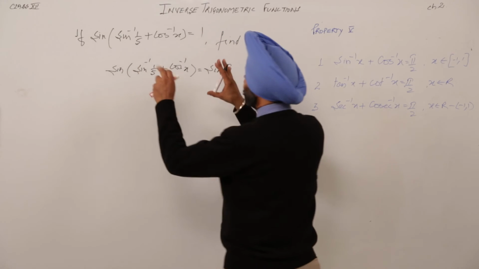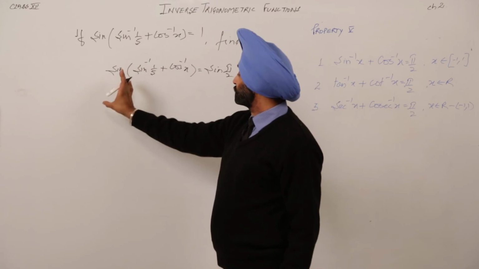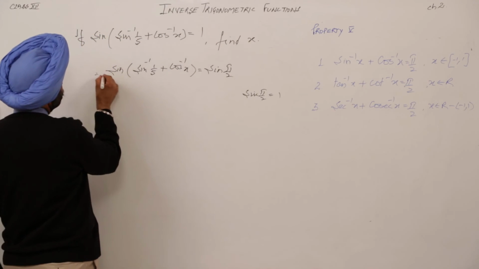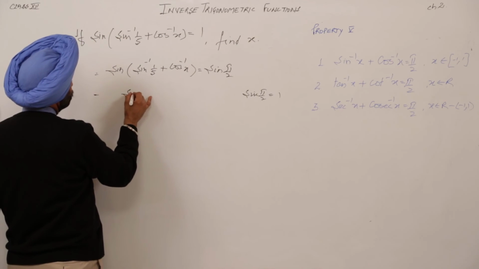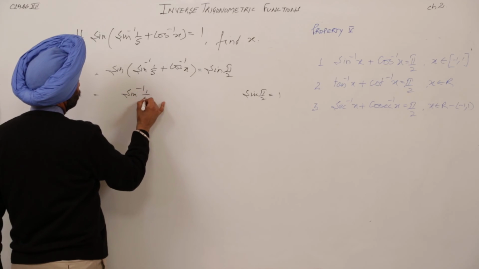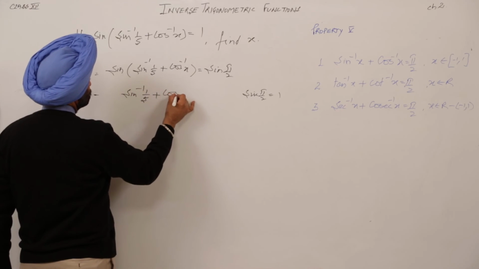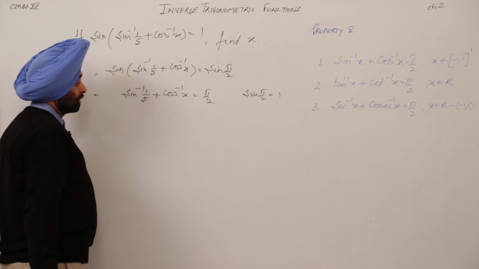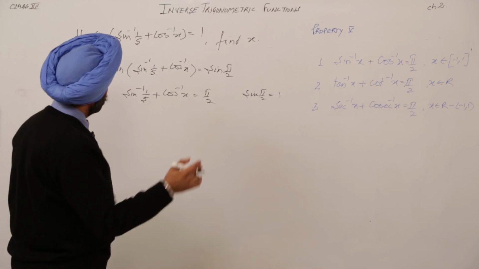Now on both sides we have sin of an angle, so we can drop the sin. We get sin inverse 1 by 5 plus cos inverse x is equal to pi by 2. We have to find x.